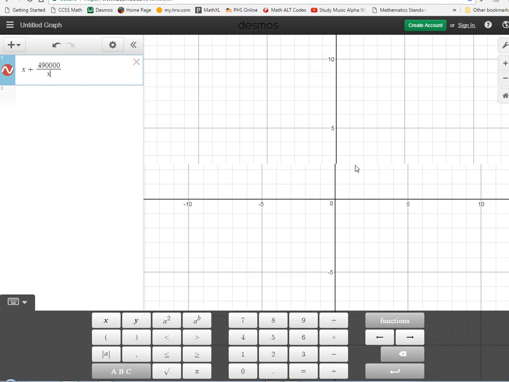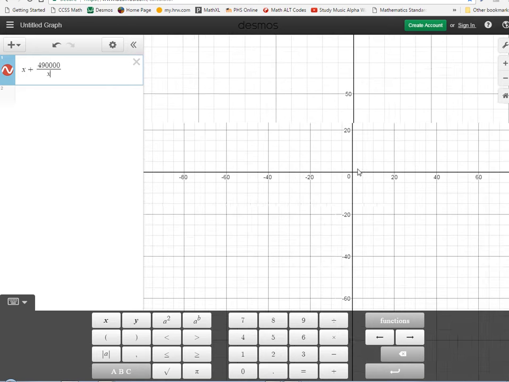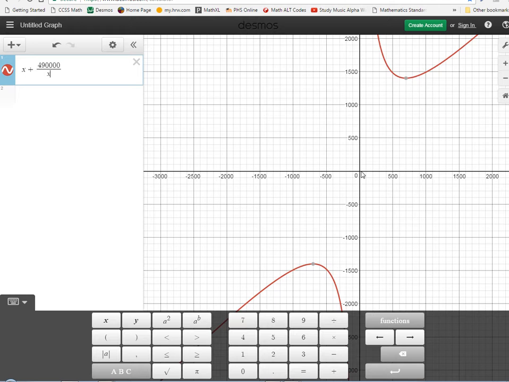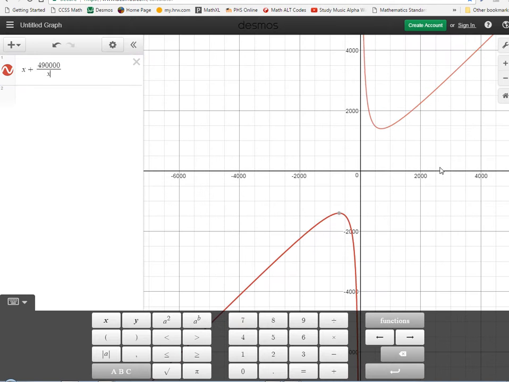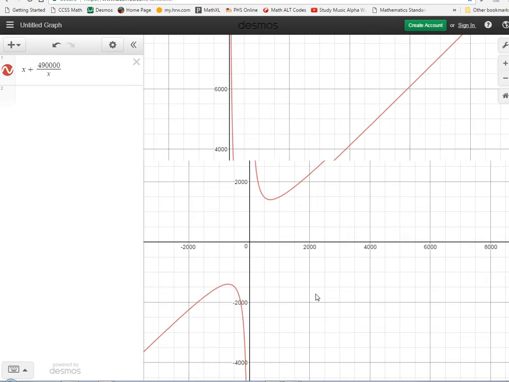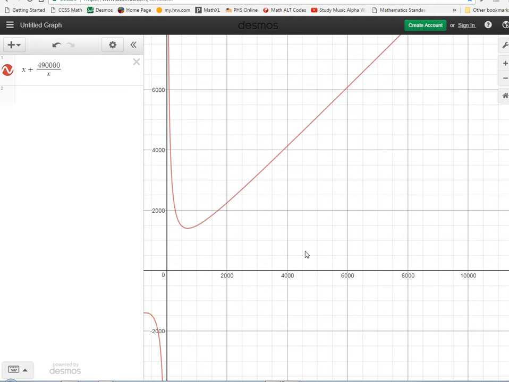If I zoom out, presumably, I might start to see something at some point, hopefully. So there it is, right? Okay, well, I don't want the negative one, do I? I want the positive one. But what do you notice about this? It's weird. Yeah, it is kind of weird. But it clearly does have a minimum, doesn't it? Right? My minimum is right there.